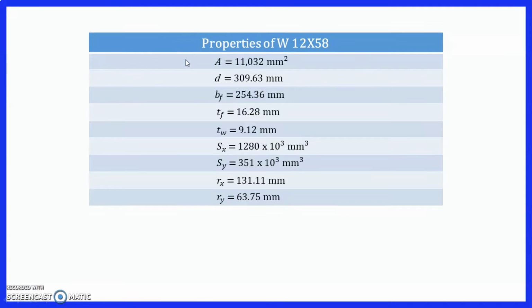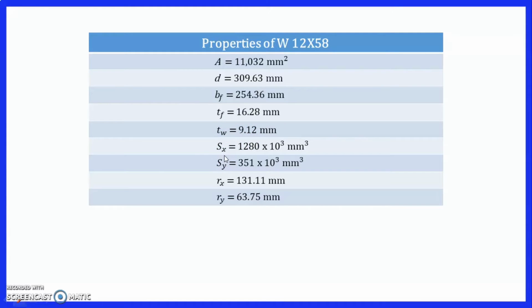These are the properties of the wide flange beam 12 by 58. The cross-sectional area is equal to 11,032 millimeters squared, the overall depth of the beam is 309.63, and the flange width is 254.36 millimeter. The flange thickness is 16.28 millimeter. The web thickness is equal to 9.12 millimeter.